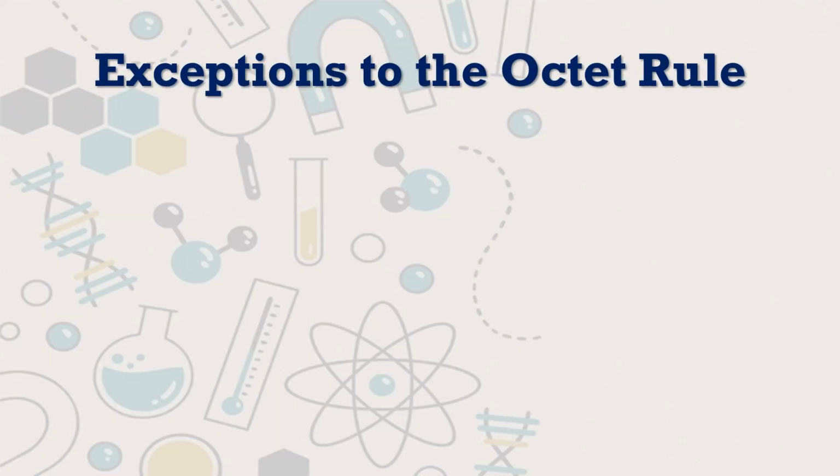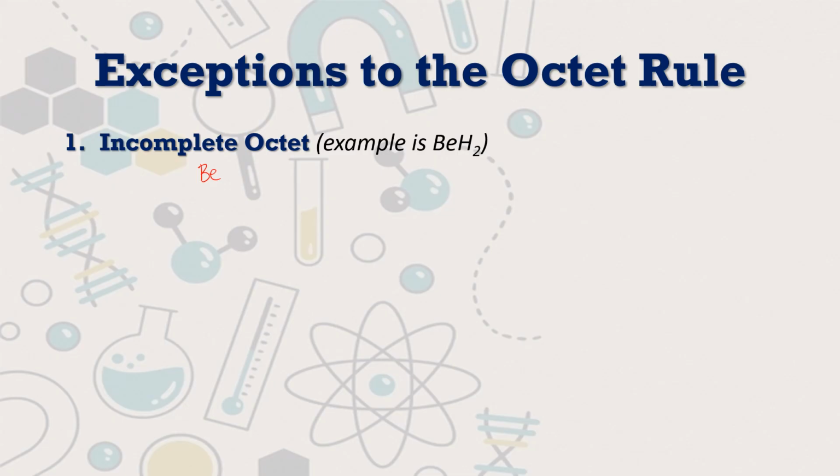Here are two important exceptions to the octet rule, aside from the hydrogen that I have mentioned. First is the incomplete octet. Let's take BeH2 as an example. Be, or beryllium, belongs to group 2 and hydrogen belongs to group 1 times 2.